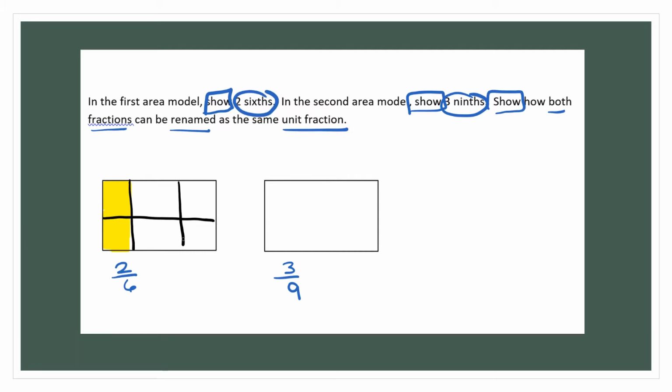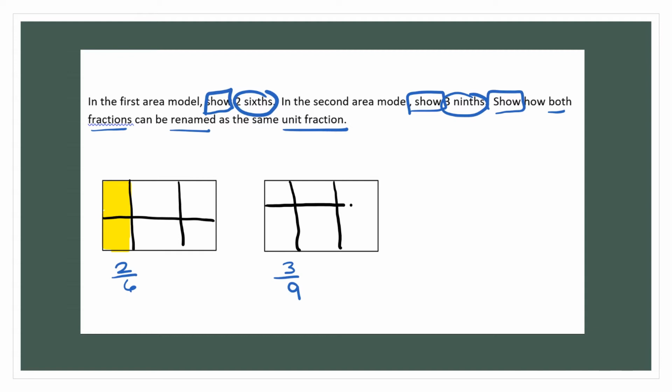Now I did 2 horizontal lines for this first box, so when I go over to make 3/9, I'm going to start the same way with the same 2 vertical lines. The only thing I'm going to change is that instead of making 1 horizontal line for 6, I'm going to make more horizontal lines for ninths.